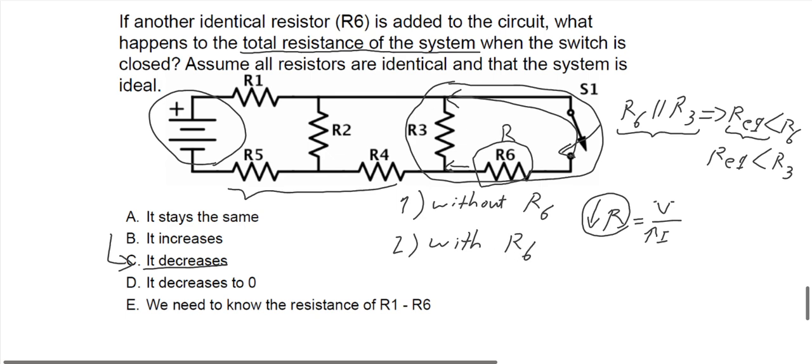I just quickly want to say the answer to that. So here is what I found without R6. The answer is 2.67 R, and with R6 the answer is 2.60 R. Go ahead and try to figure it out.